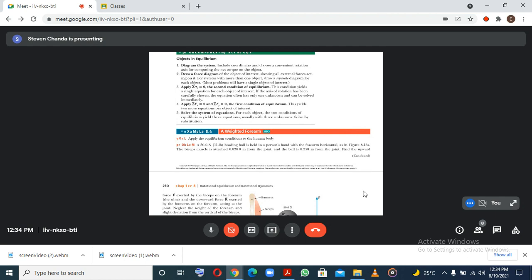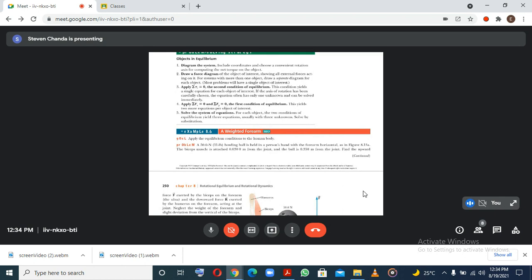So in short, what they are saying is that when we are calculating our forces and our torque, don't consider the weight of the forearm. We know that the weight of the forearm would be concentrated at the center of gravity, but they've told us to neglect it.